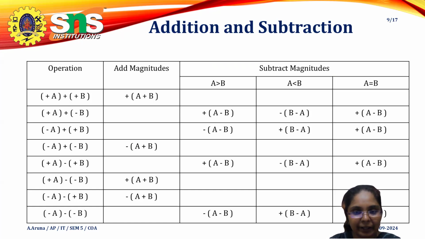A greater than B: I know A is the greater value, so I subtract A minus B, and the sign of A is positive, so I put positive. A less than B means B is larger, so I subtract B minus A. What is the sign of the largest symbol? Minus. So I'm going to attach that.